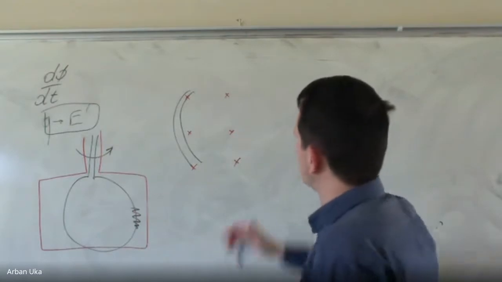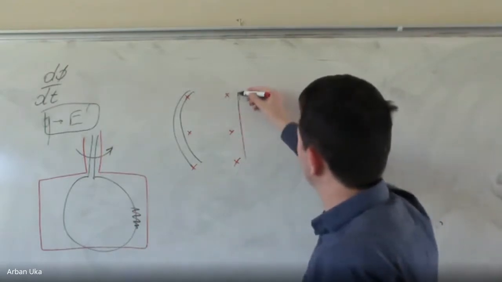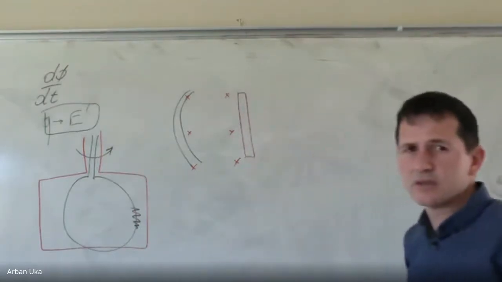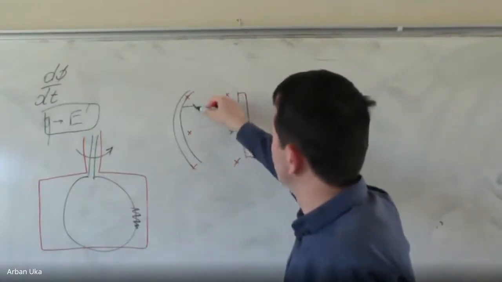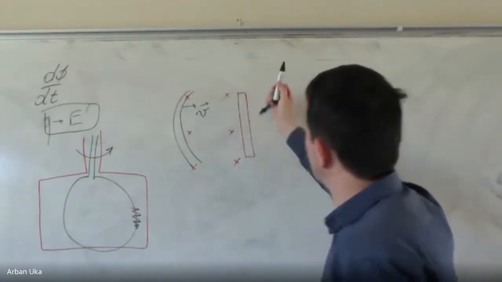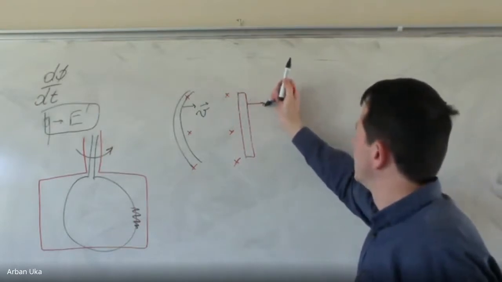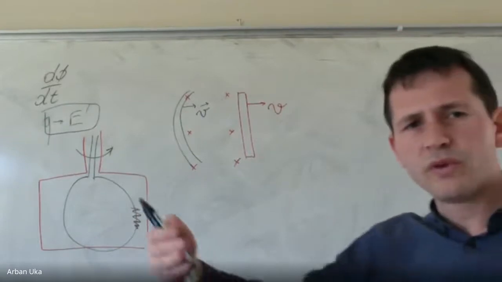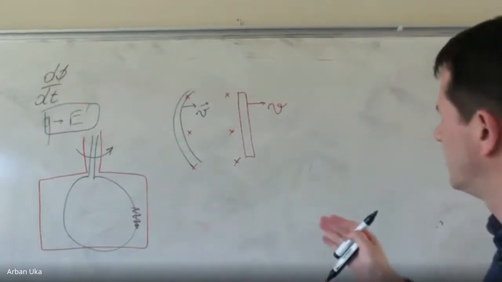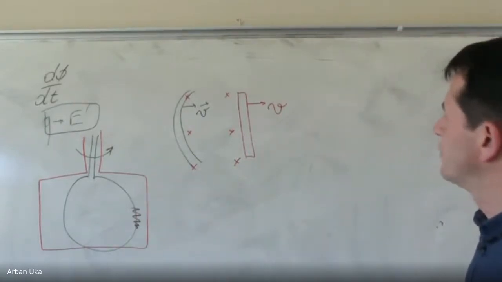And then we can have also another wire that is like this in red, okay? And both of these are moving with a velocity v in this direction, and this one in red is also moving, so they are both moving with the same velocity to our right, as a viewer.